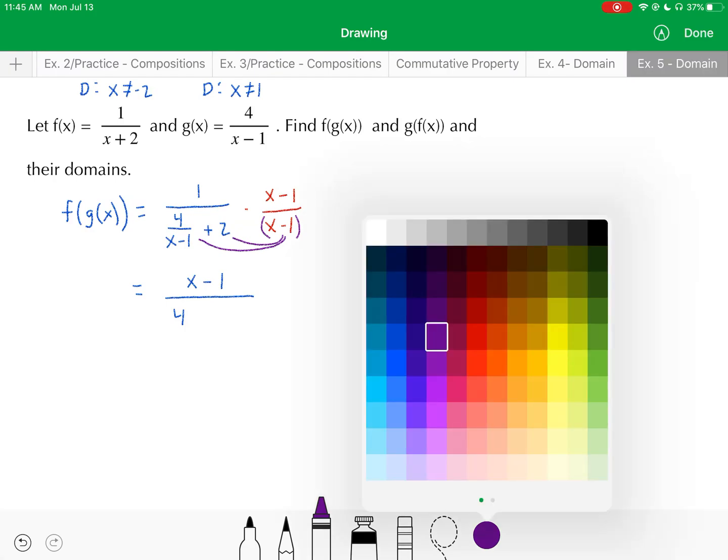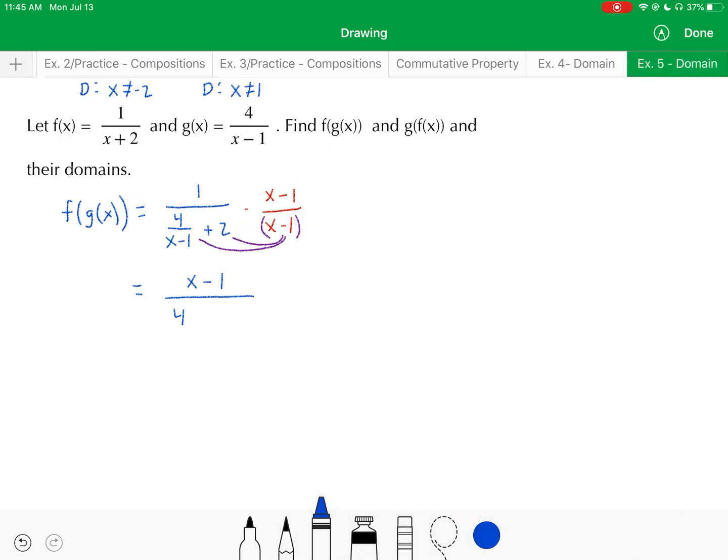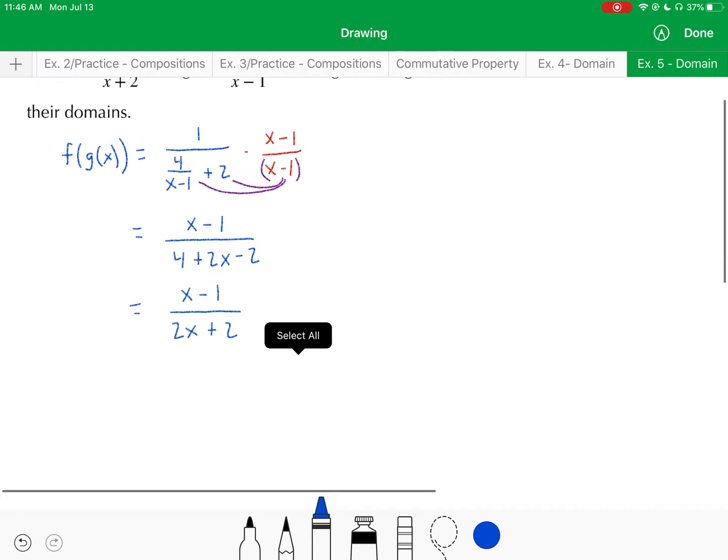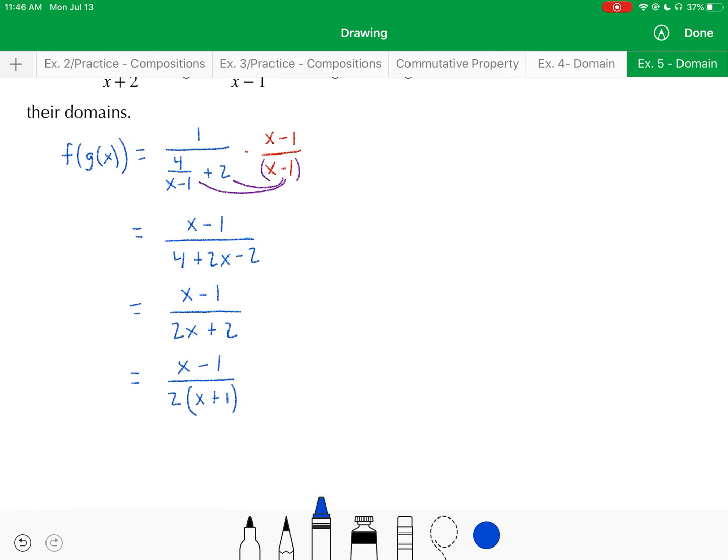And when I multiply it by 2, I have to distribute, and it'll give me plus 2x minus 2. Then I clean up. I end up with x minus 1 over 2x plus 2. We can leave it like that, or you could put it in a factored form. It doesn't really matter here. I'll factor 2 out from the bottom.